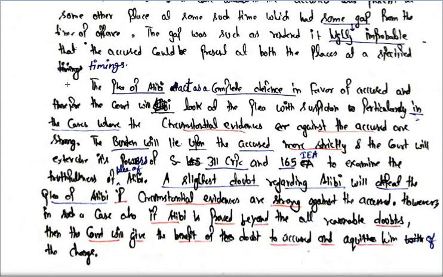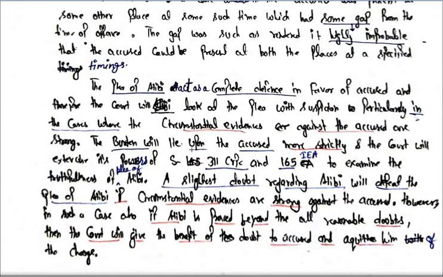Now write a paragraph here: the plea of alibi acts as a complete defense in favor of the accused, and therefore the court will look at the plea with suspicion, particularly in the cases where the circumstantial evidences against the accused are strong.